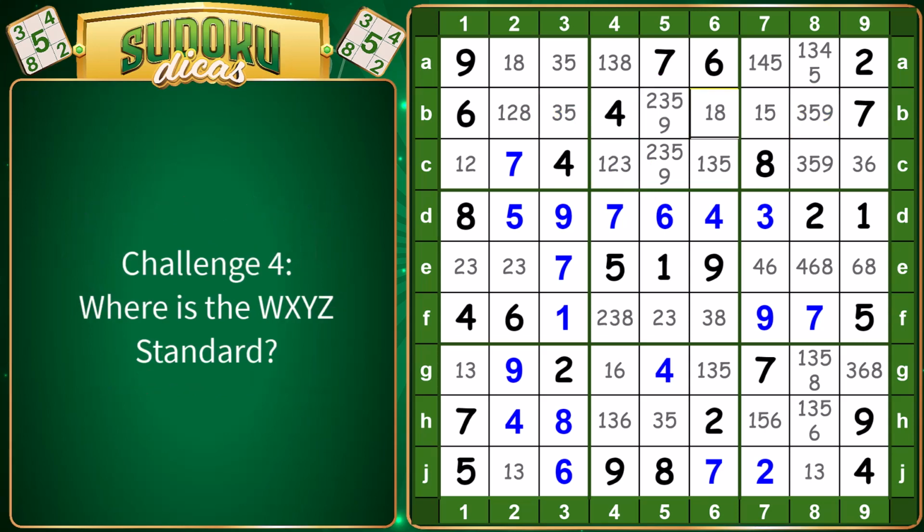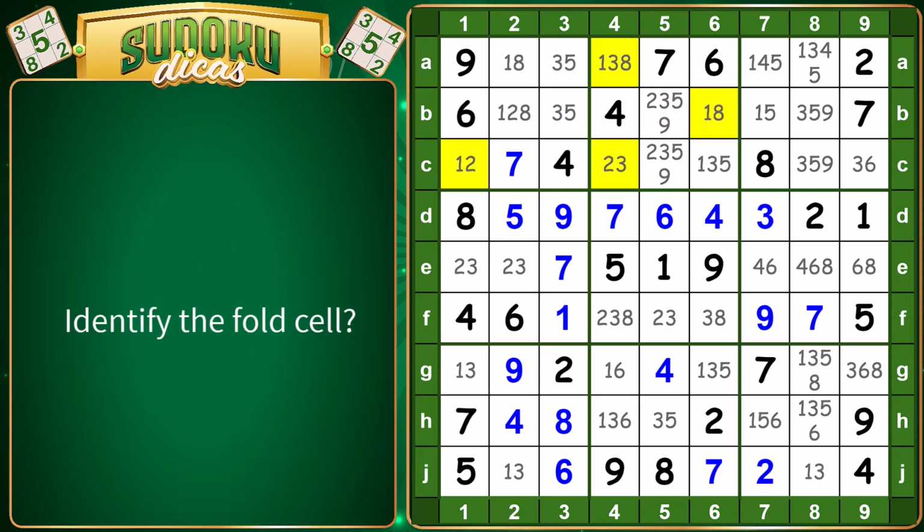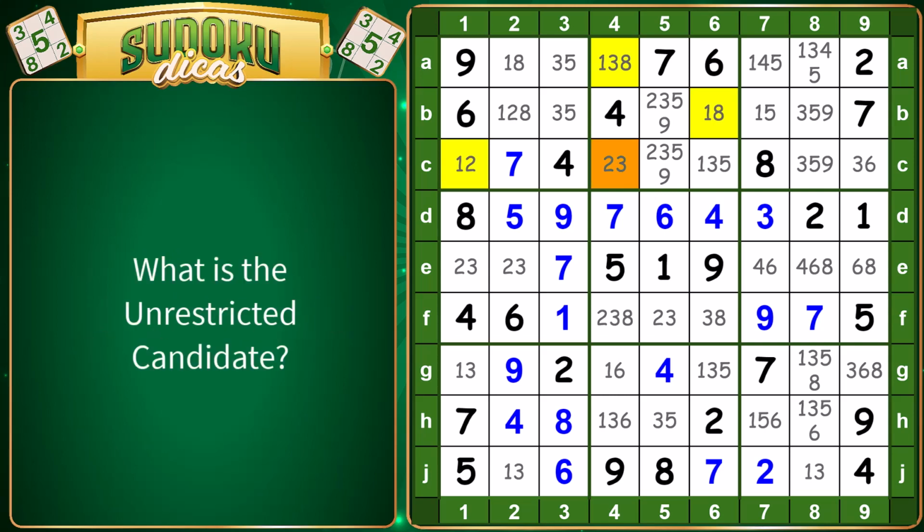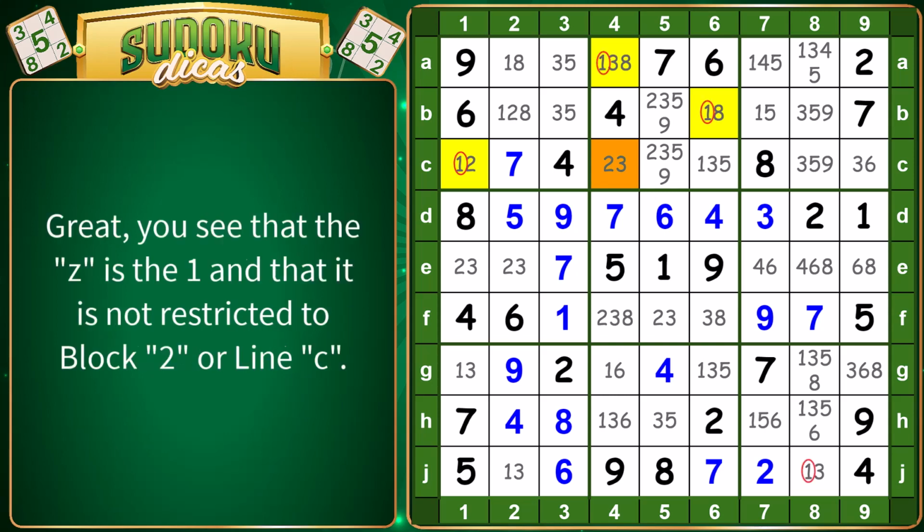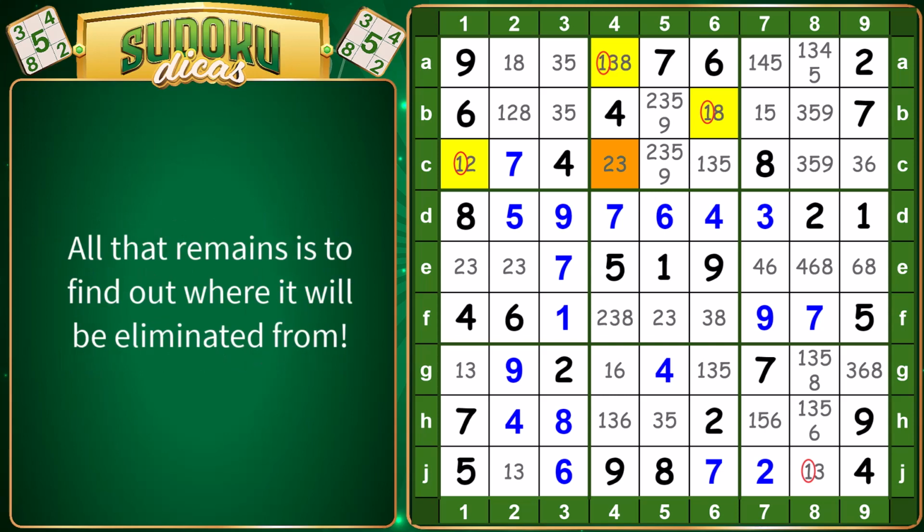Challenge 4. Where is the WXYZ standard? Identify the fold cell. What is the unrestricted candidate? Great, you see that the Z is the 1 and that it is not restricted to block 2 or line C. All that remains is to find out where it will be eliminated from.